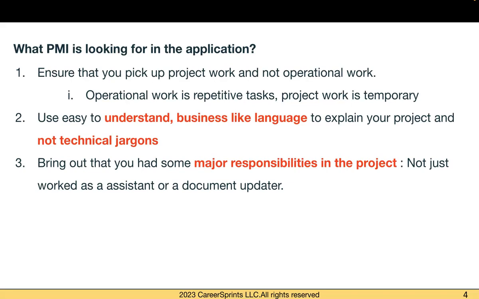And the third thing is to ensure that you bring out that you had major responsibilities in the project, and that you didn't just act as a document updater or as a scribe who took notes. You need to explain how you took key decisions on the project related to budgets, timelines, quality, hiring people, and changes. So talk about team management and stakeholder management.